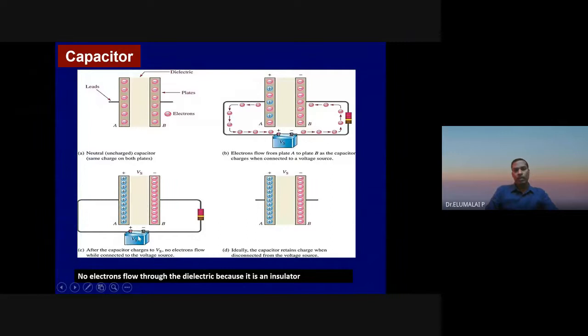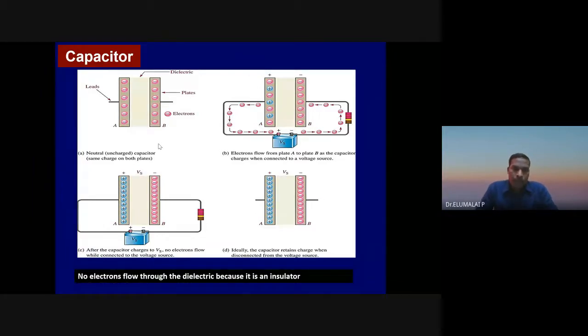Now you disconnect the voltage source. If you disconnect the voltage source from the capacitor, what do you expect? You can respond.